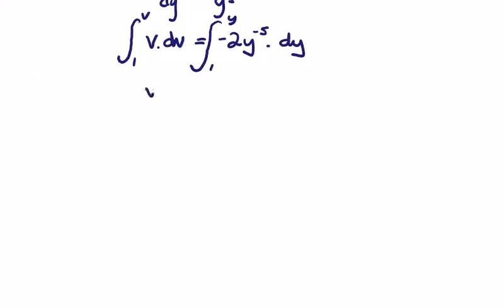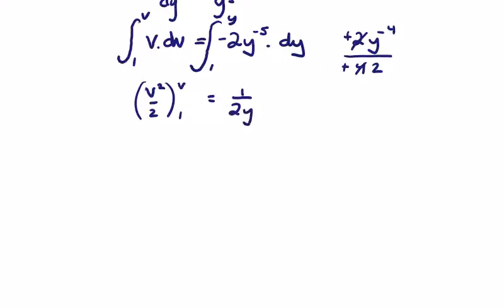So we integrate the left hand side, we're going to get v squared over 2 between v and 1, and if we integrate the right hand side, just a bit of rough work, minus twice y, increase the power, divide by the new power, so you can see the minus signs, minus by minus a plus, 2 over 4 is 1 over 2, so we're going to get 1 over 2y to the power 4. Bring the 4 down, becomes positive, between y and 1.